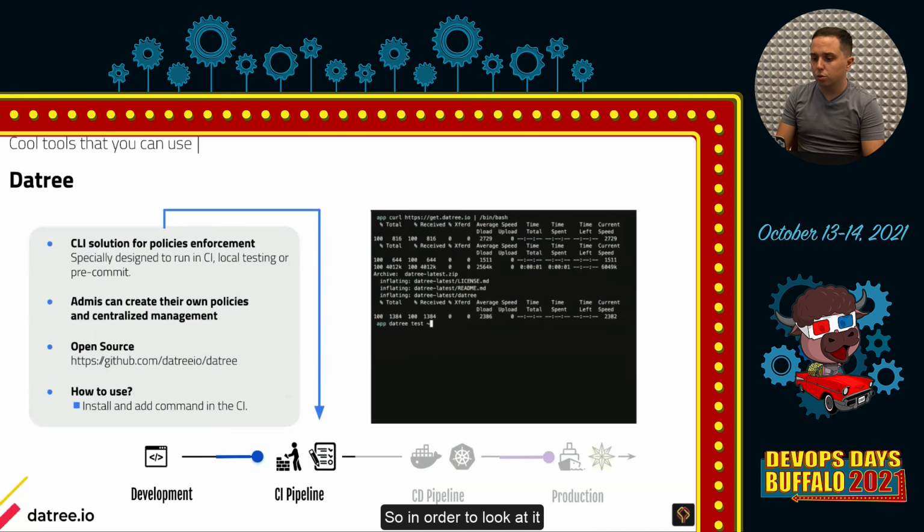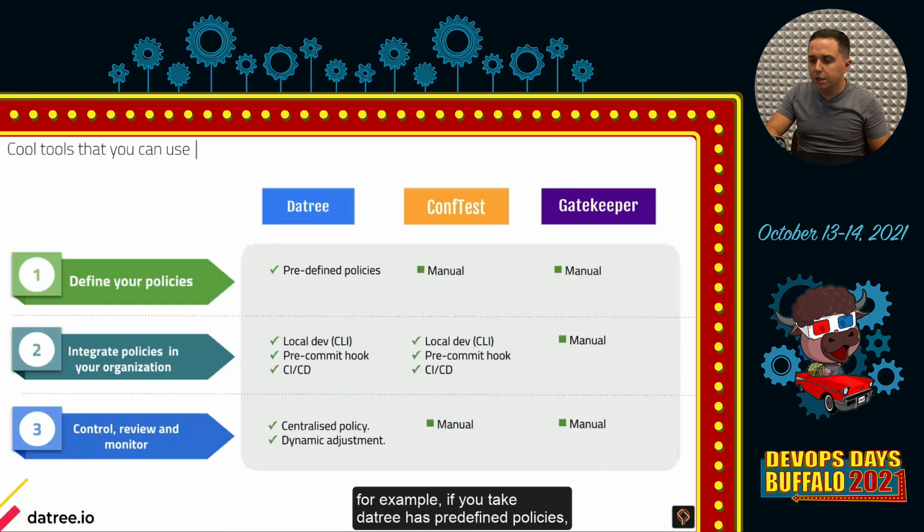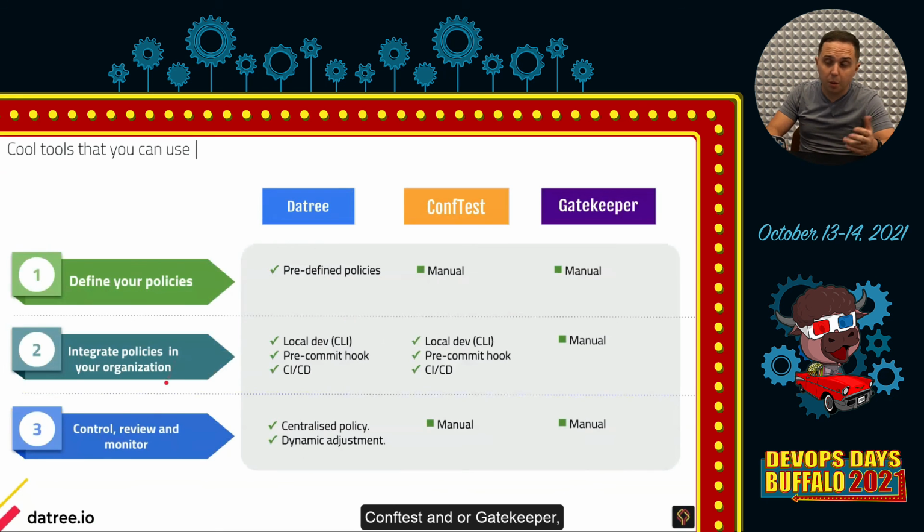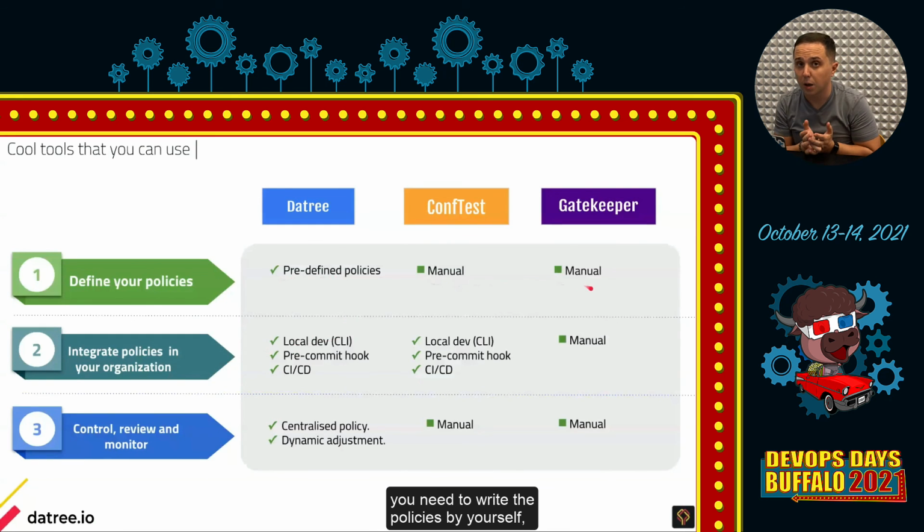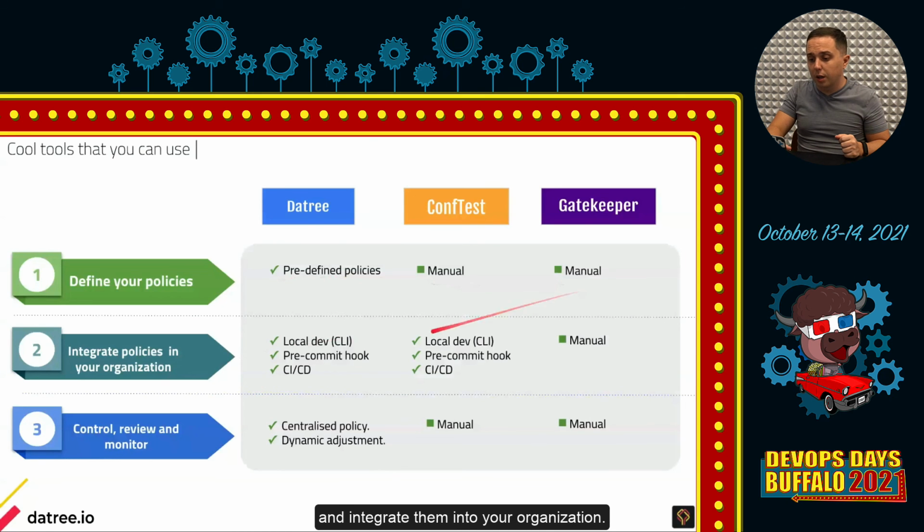So in order to look at it, no matter which solution you choose, for example, if you take the tree, it has predefined policies. If you want to use, in this Kubernetes example, conftest and or Gatekeeper, you need to write the policies by yourself, or find policies on the internet and integrate them into your organization.